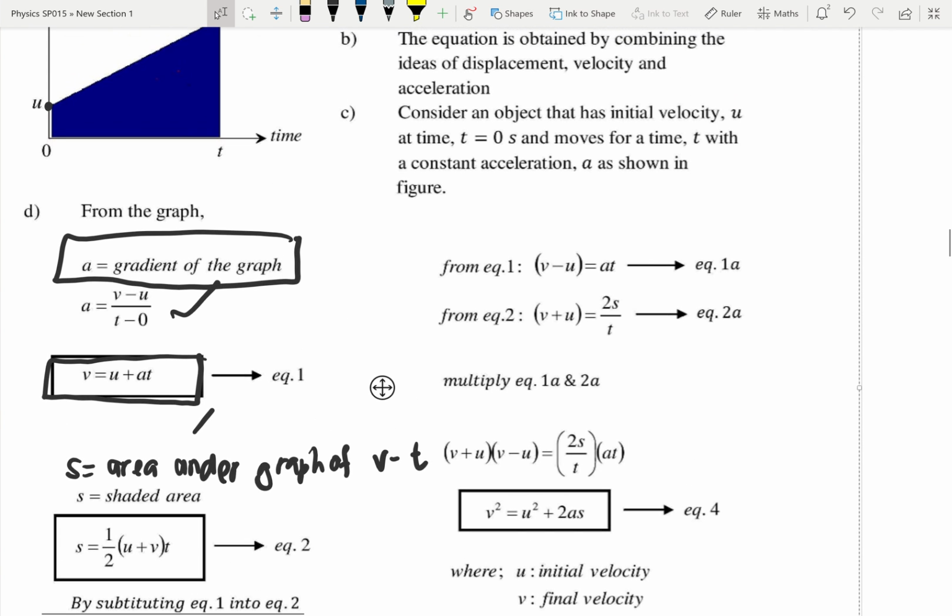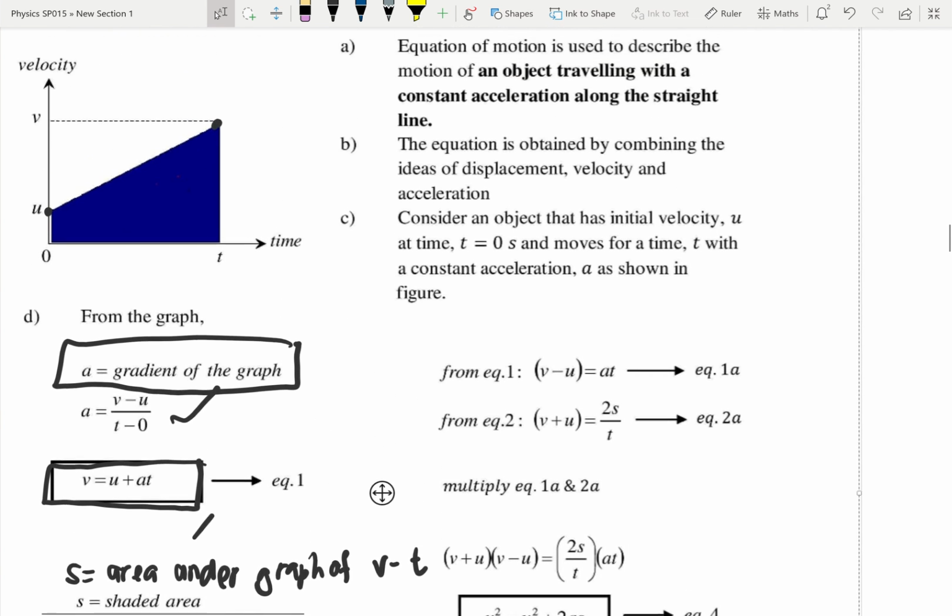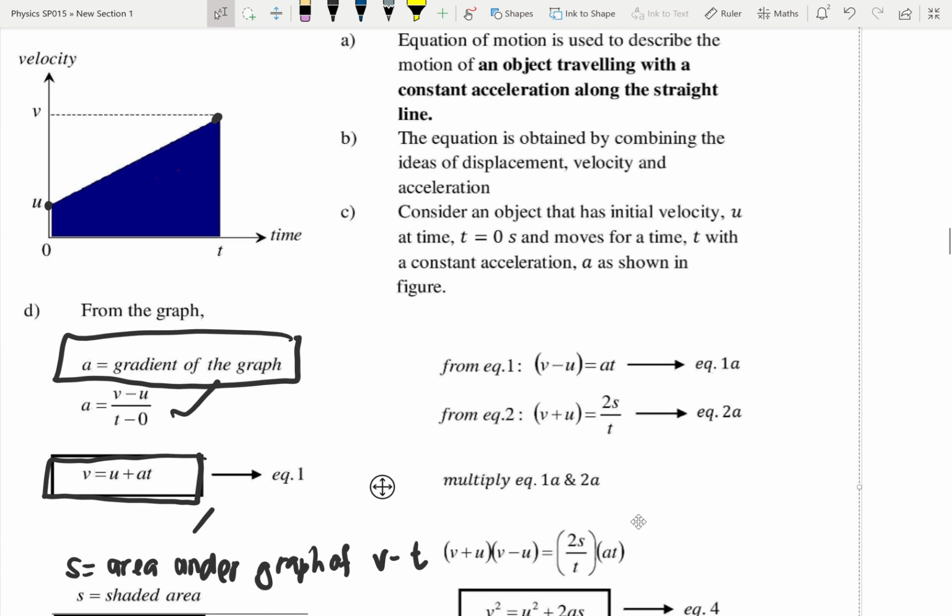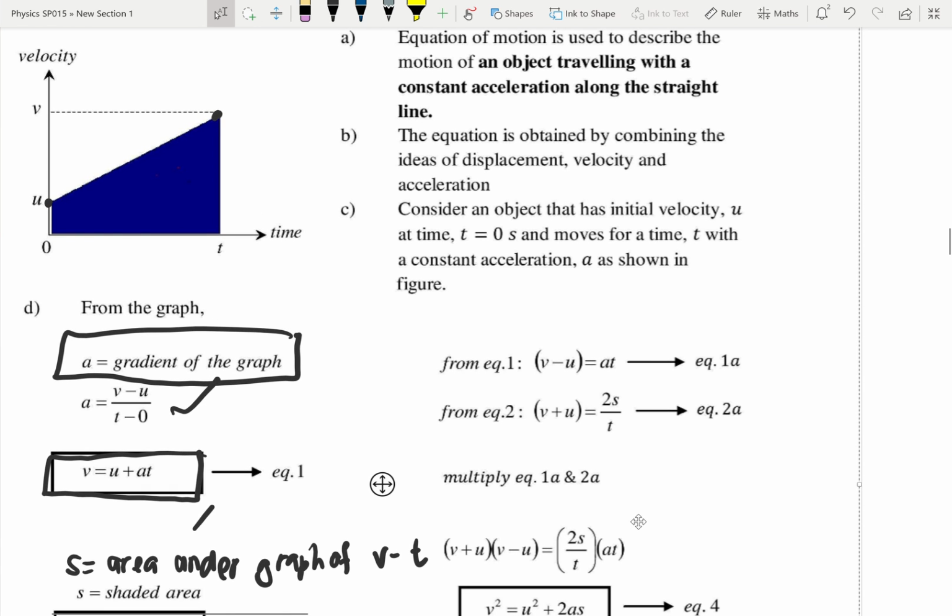So look at this shape. This is the shape of a trapezium, so the formula of the trapezium is half times the sum of the parallel sides times the height.